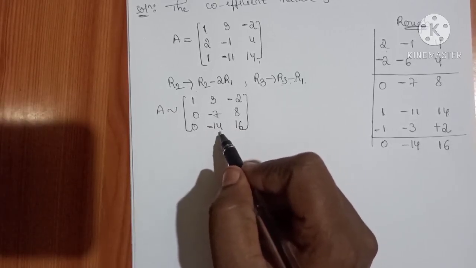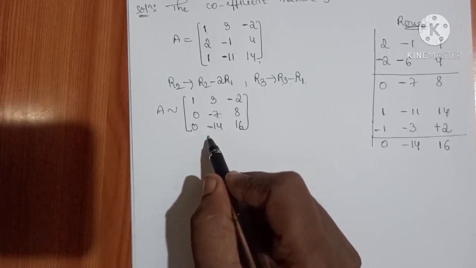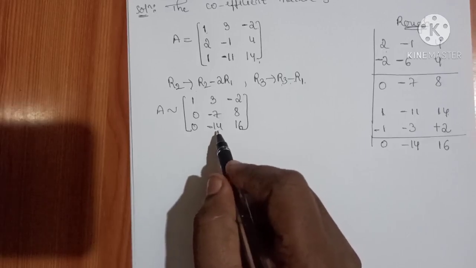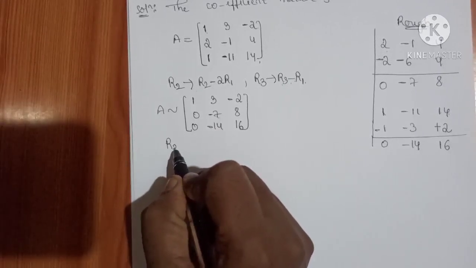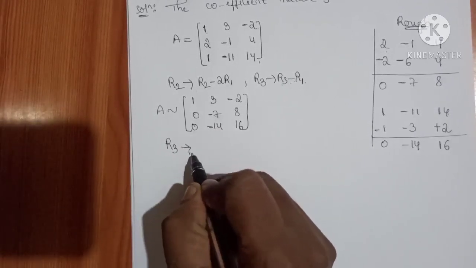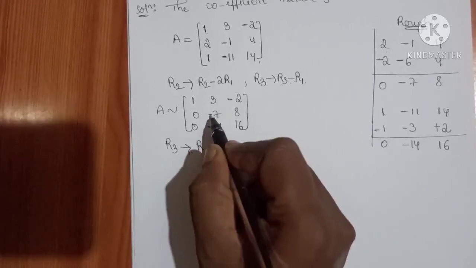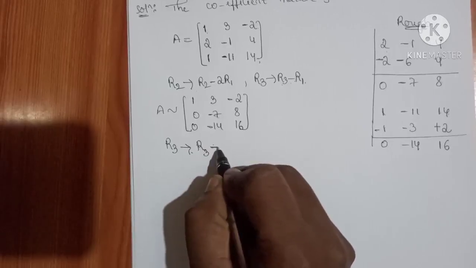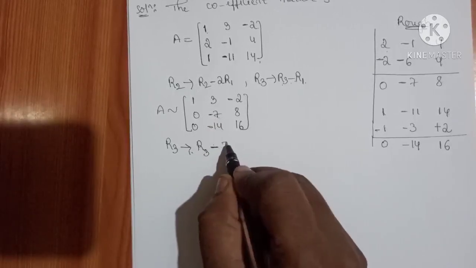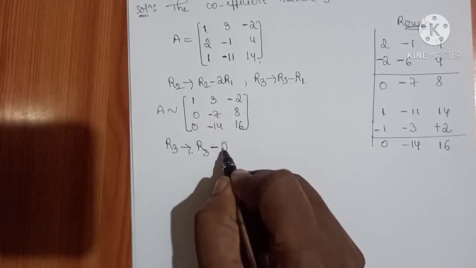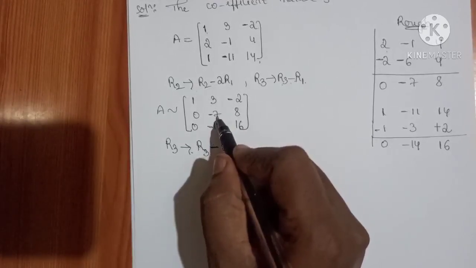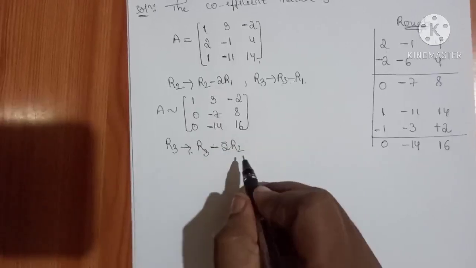So first we shall reduce this element to 0. For that we apply the elementary operation R3 equals R3 minus 2 into R2, because you can observe the signs, both are the same sign, and if we multiply by 2 we get 7 into 2 equals 14.